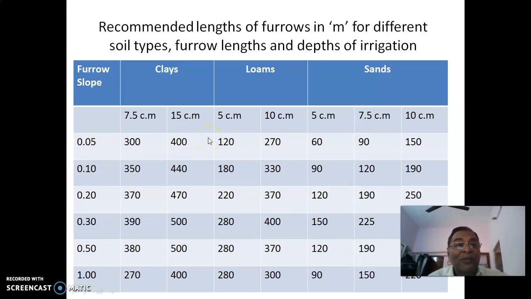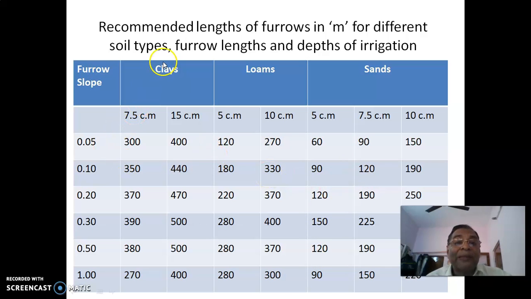So at 0.05 we have the shorter length of the furrow, and as the slope increases, the length of the furrow also gets increased. So the length of the furrows increases as the slope increases. Sometimes it is not always uniform; sometimes it is decreasing also, as in this case.